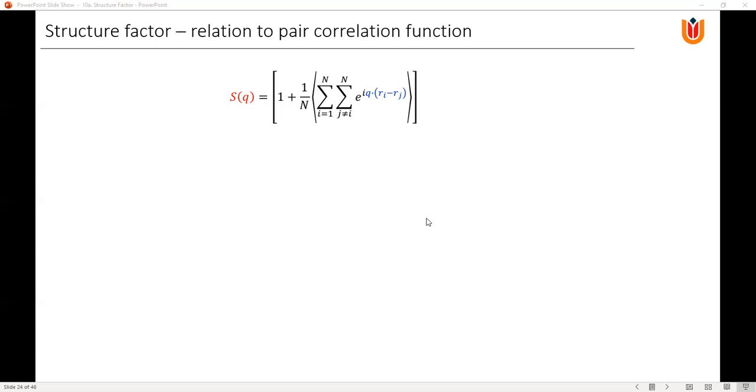So for a very high volume fraction, it is very likely that these separations are occurring at, let's say, multiples of the diameter. If it is a very low volume fraction, then it is certain that there are no separations less than the diameter, but the other separations are almost equally likely.